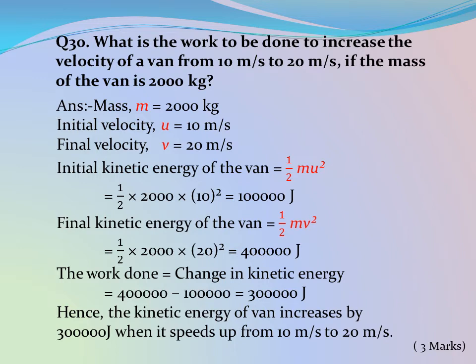The work done equals change in kinetic energy equals 4 lakh minus 1 lakh equals 3 lakh joule. Hence, the kinetic energy of the van increases by 3 lakh joule when it speeds up from 10 meter per second to 20 meter per second.